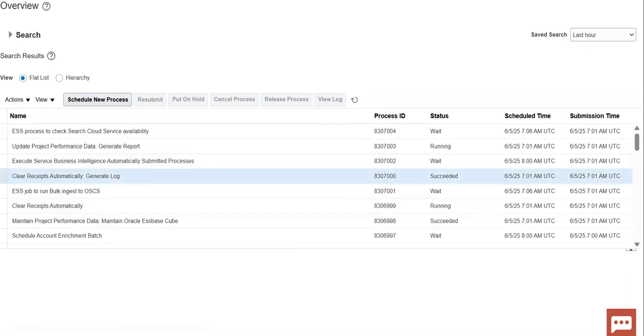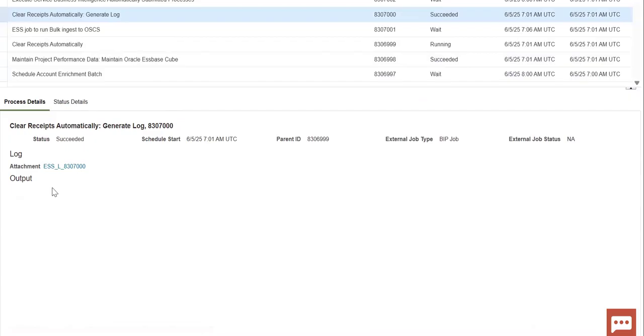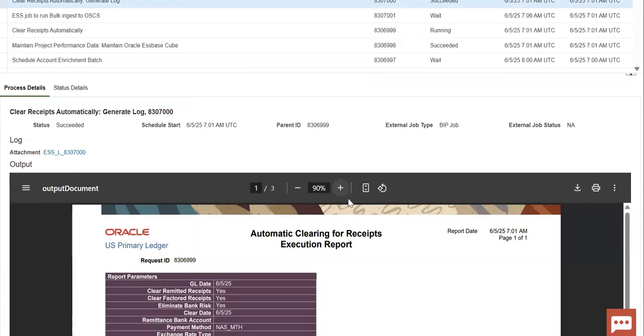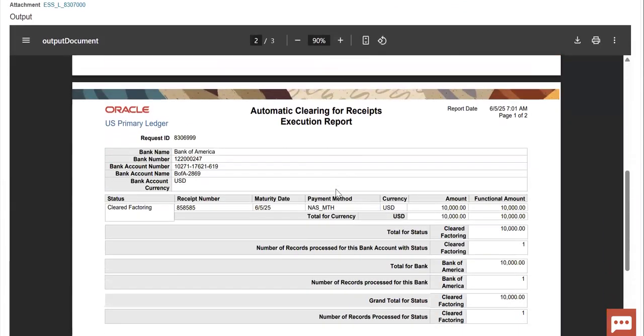This is complete. Let us see the report. Yes, here is the report. It gives us a report saying this was the check number, and the risk is eliminated.